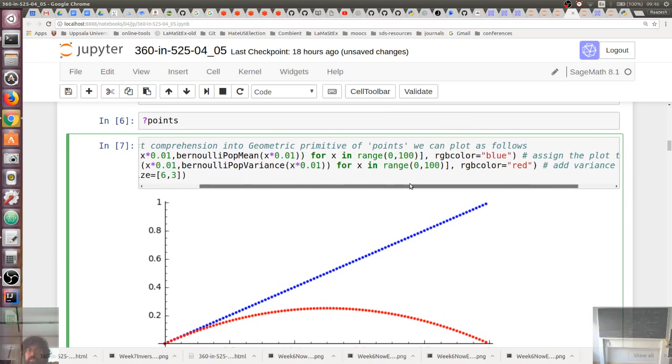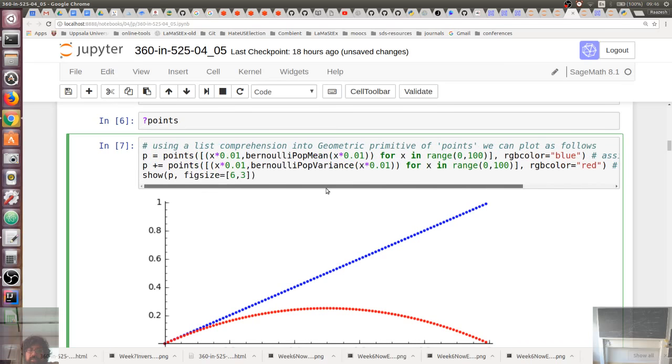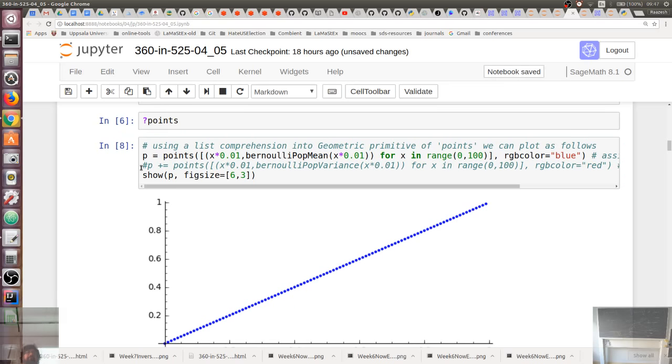No, it's just a question why you say P equals points, and then P plus equals points. Good, please ask. Because I'm aggregating it. If I comment it out, all I get is the first plot, P. P is basically a graphics primitive composition.